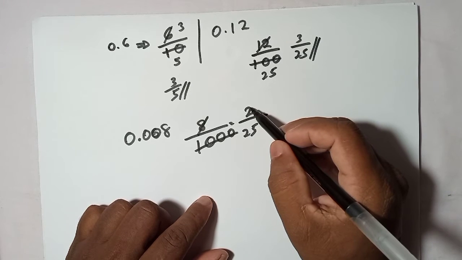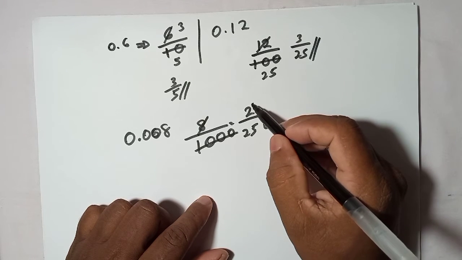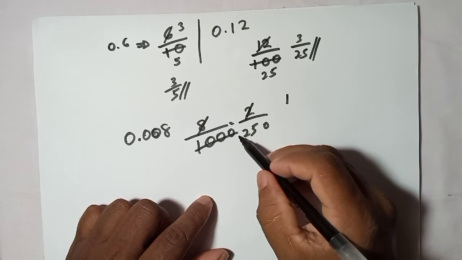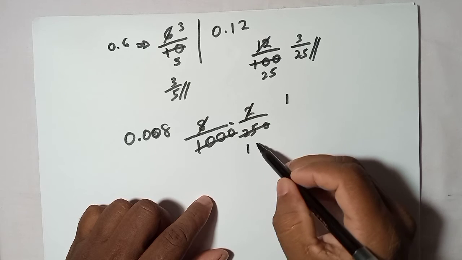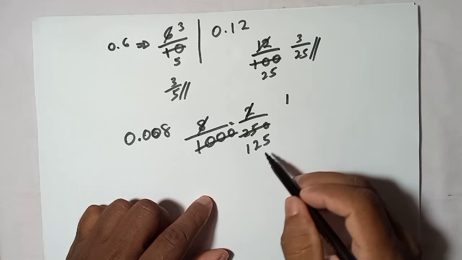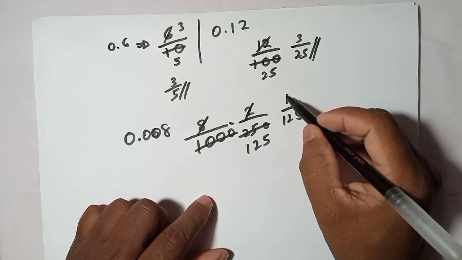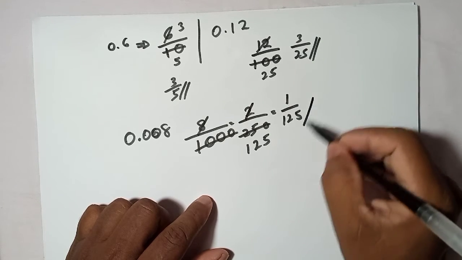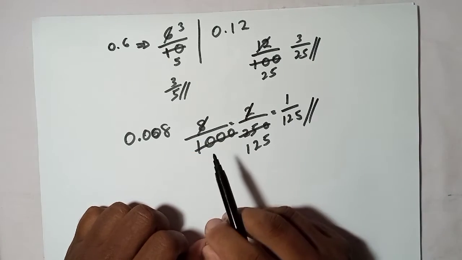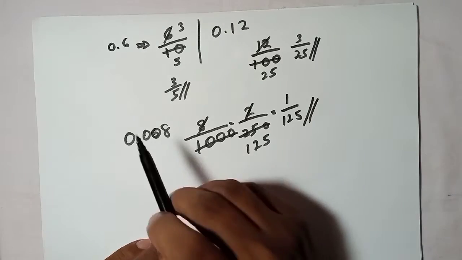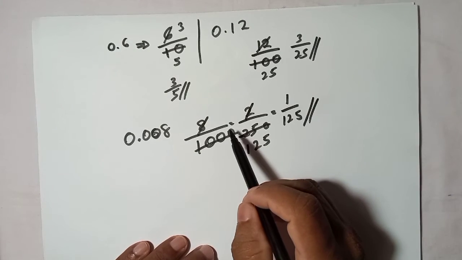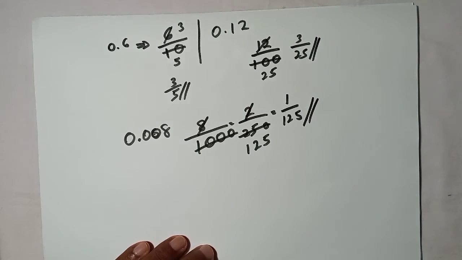Now here again you can divide by 2. How many 2s are there in 2? 1. How many 2s are there in 250? 125. So the answer is 1 over 125. So as a fraction it is this. Like that, you can convert any decimal number to a fraction.